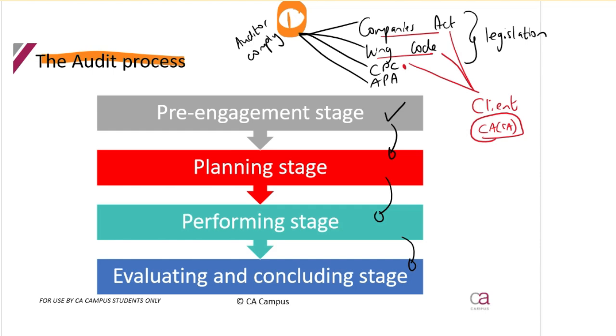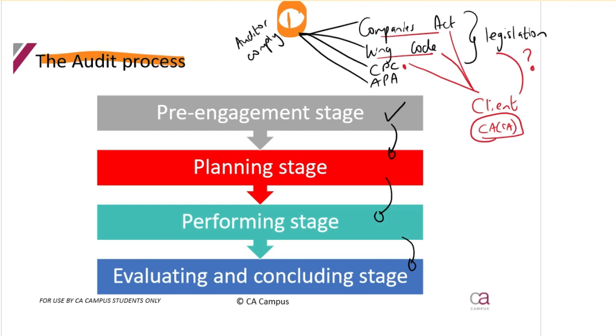And so it's important that when auditors go and conduct this audit, having adhered to all of the legislation applicable to them, they need to go and see, has the client adhered to all the legislation applicable to them?